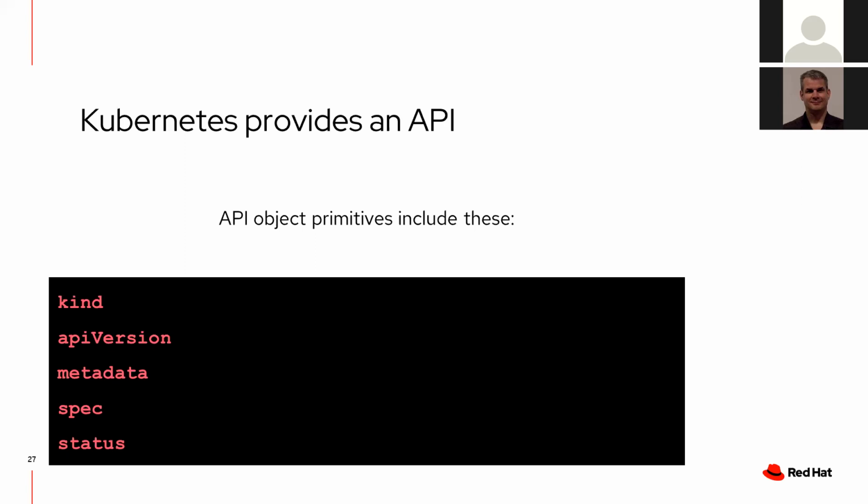We typically have a kind primitive, which represents the type of object that we're dealing with, and we can create metadata. And we have API version here. We have the spec, which is the state we desire the object to be in, what the configuration of that container is, and then we have a status.